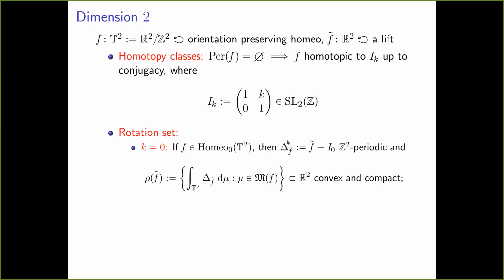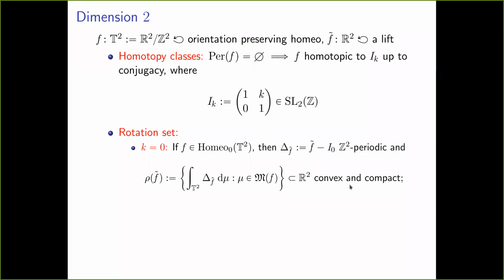Again, this is a cocycle. So that means that you have all the properties: the displacement of f tilde to the n is equal to the Birkhoff sum of this function with respect to f. But the novelty here is that in general, this is not a singleton anymore. That means that in general, this is a convex and compact subset.